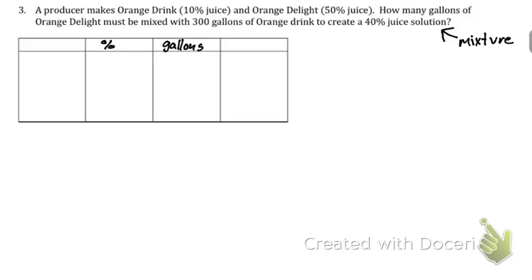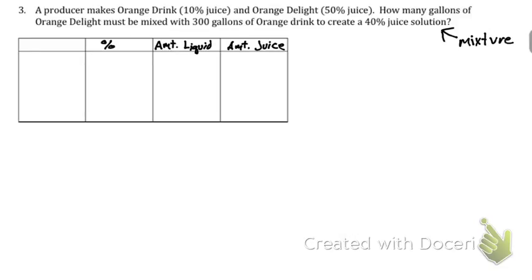This is going to be the amount of juice. So this gallons, in fact, I'm going to switch to just amount of liquid. And this last one's going to be amount of actual juice.